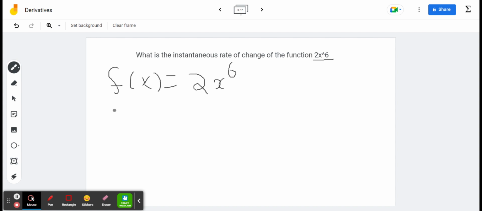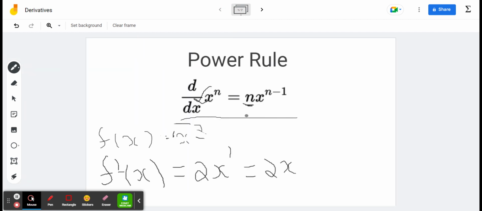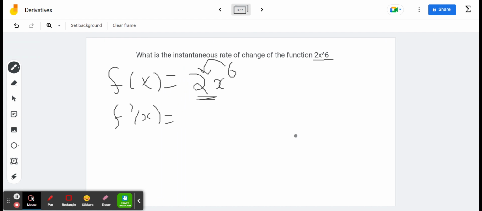Now when we take the derivative, we're going to bring our exponent down. So here we have a leading coefficient. According to our formula in the last slide, we multiply the leading coefficient by n. We can have a 1 in front because multiplying by 1 doesn't do anything. So here we have a 2 instead. So we're going to do 6 times 2.